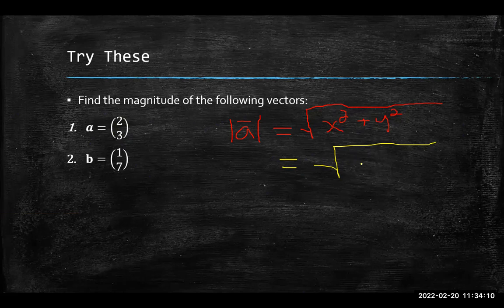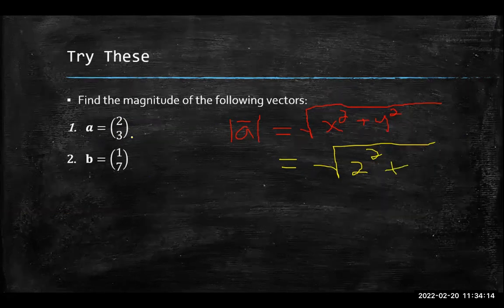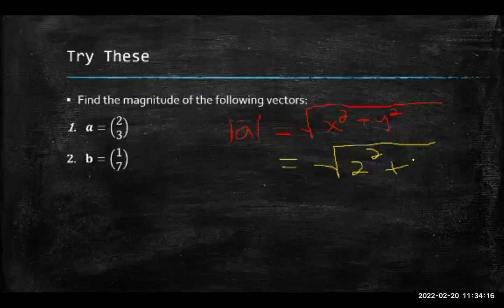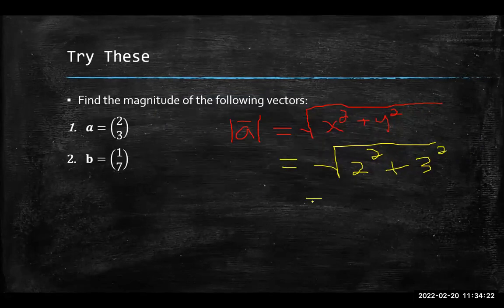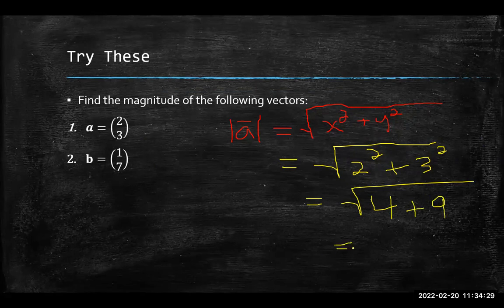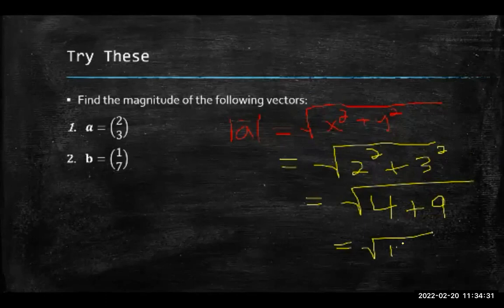So that's 2 squared plus y, which is always the bottom number, 3 squared, which is going to give me the square root of 4 plus 9, and 4 plus 9 is 13. So this is root 13 units.